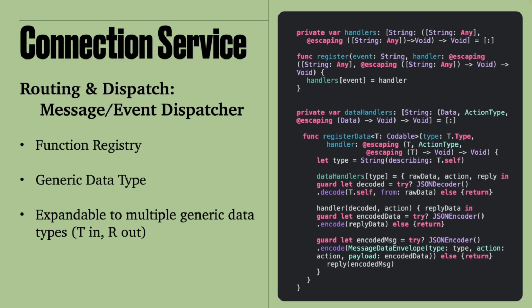But anyway, getting into how these are working, our handlers are just a named collection of those key value pairs that encapsulate our message data. And then for our data handlers, we're using a generic function.